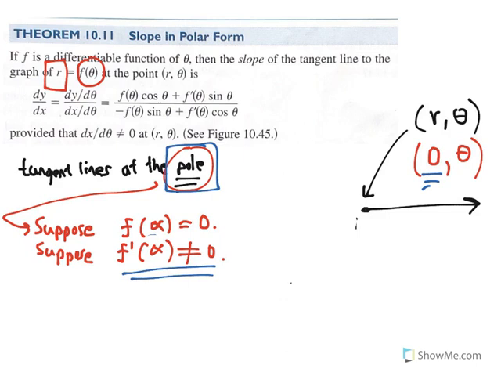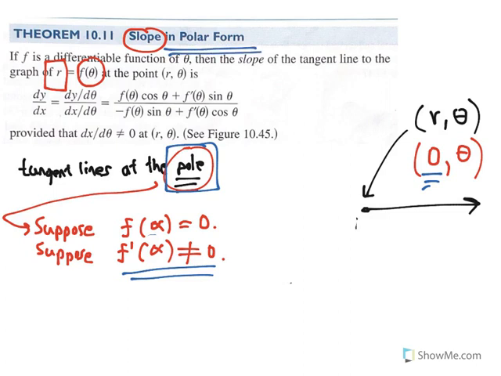Remember what our objective is. You'll be able to find tangent lines at the pole for graphs of polar equations. So we want to begin by finding slopes of the tangent lines at the pole. When you have a point on a polar curve passing through the pole, how do you find the slope of the tangent line to the polar curve at such a point?